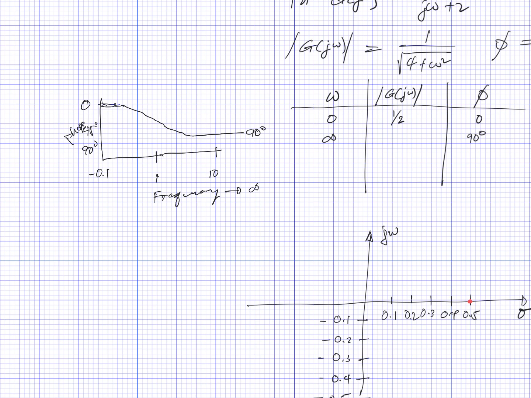And if we substitute infinity for our omega for our magnitude, 1 divided by infinity is 0. And so 0, 90 degrees will be right here. Okay? So this one here is for omega equals 0. This one here is your omega equals infinity.